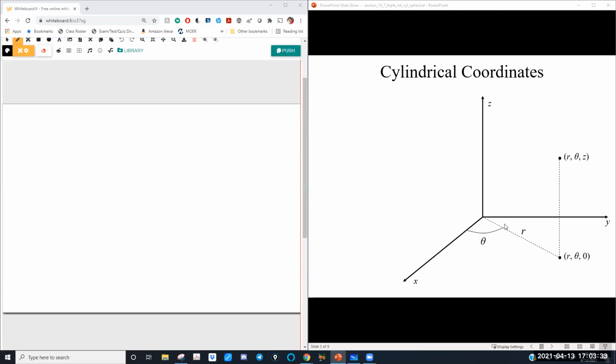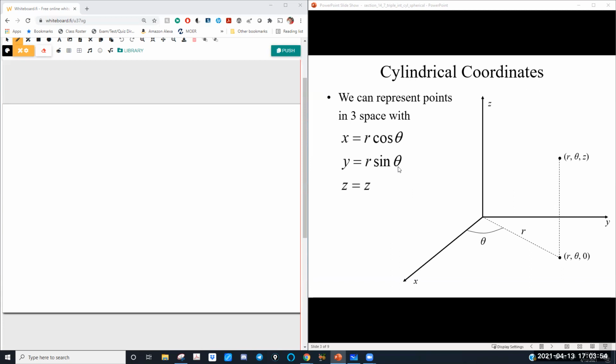So instead of a point being at x, y, z, it's at r, theta in the xy plane, and then z in the z direction. So our conversions are the same as before. x is r cosine theta, y is r sine theta.